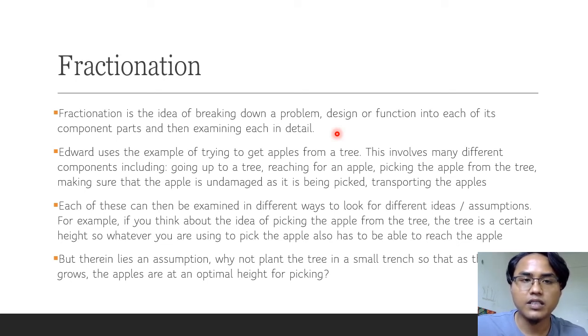So in fractionation, we can solve the problem by breaking down the main problem into several components, and then we solve each part in detail, so we can get more new ideas and we can think outside of the box about the parts of the problem that we have broken down.